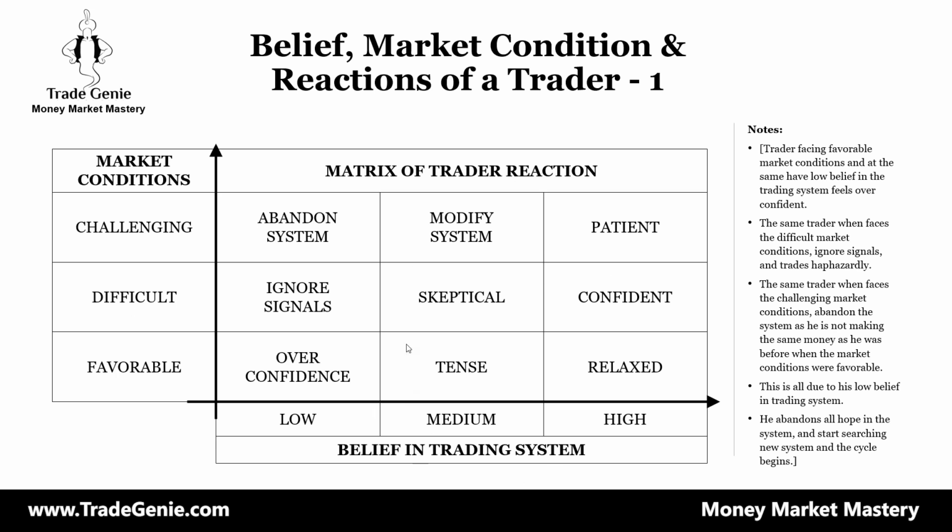There are 9 quadrants, and I will explain these 9 quadrants. But first you need to look at the vertical bar and the horizontal bar. Pay attention to the vertical and the horizontal, and then there are 9 quadrants. It is called belief, market condition, and reaction. Our reactions in the market depend on our belief and what is going on in the market.